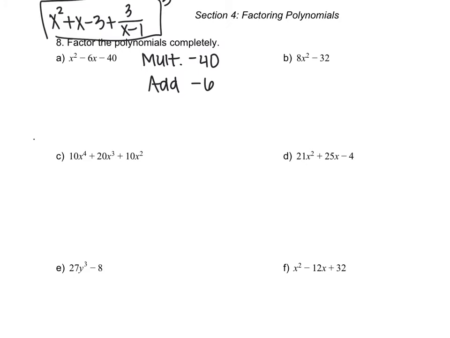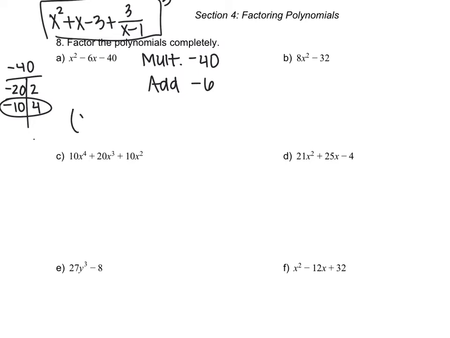And we want to add to a negative, which means the bigger number is negative. So if I think of two numbers that multiply to 40, negative 20 and 2, which don't add to negative 6, and then negative 10 and 4, those do. Negative 10 plus 4 is negative 6.